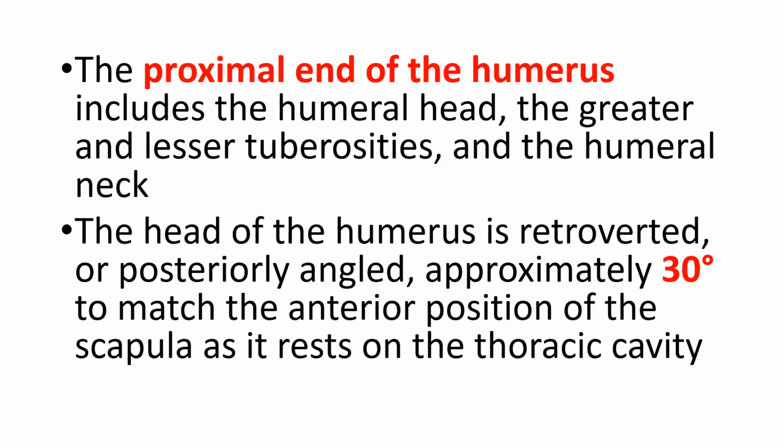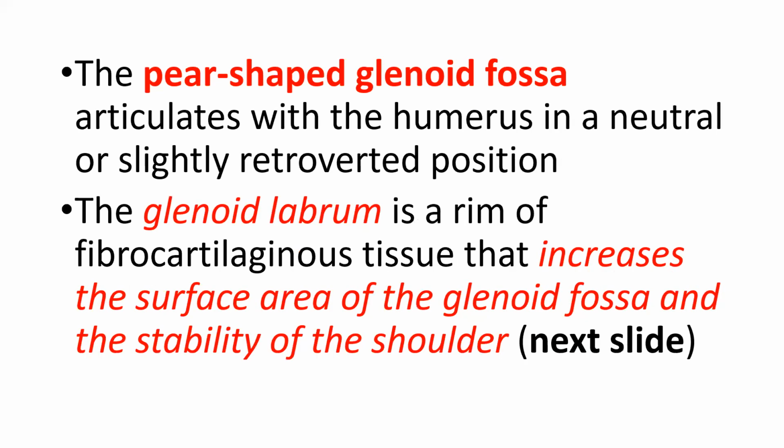The proximal end of the humerus includes the humeral head, the greater and lesser tuberosities, and the humeral neck. The head of the humerus, as I mentioned, is retroverted 30 degrees. Don't forget that the scapula also has the glenoid. The pear-shaped glenoid is retroverted around 5 degrees. Don't forget that the glenoid is surrounded by a labrum. Why?